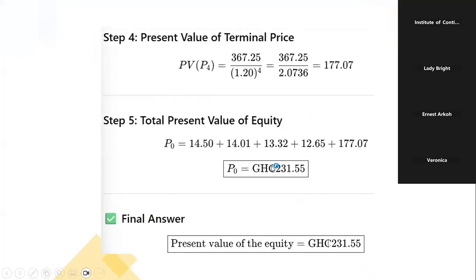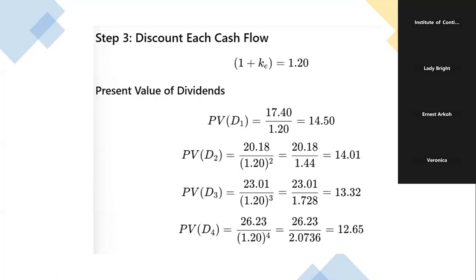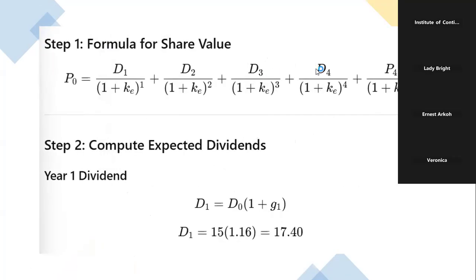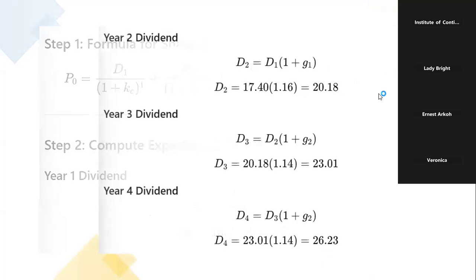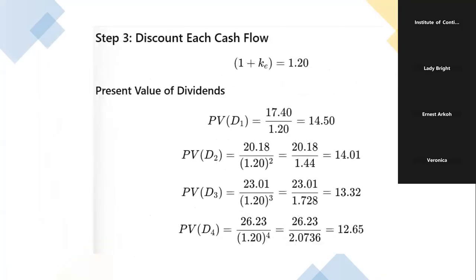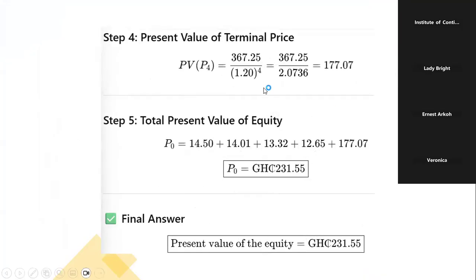Then you remember that in the last calculation, you will have to discount the price. If you look at the formula, it says you do dividend for all the time, then you discount the price. So I'm going there. We have discounted the dividends and we are going to discount the price. We were given the price to be 367.25.